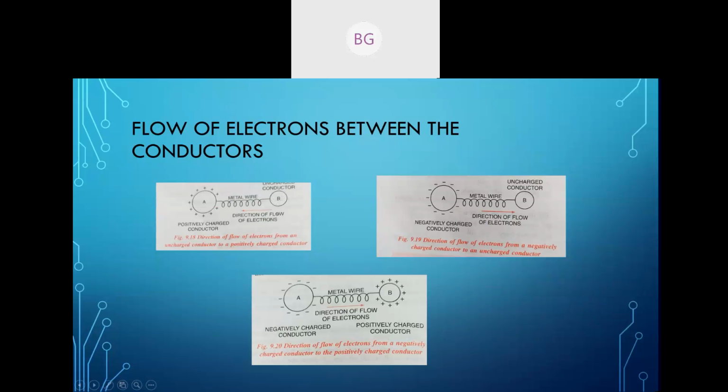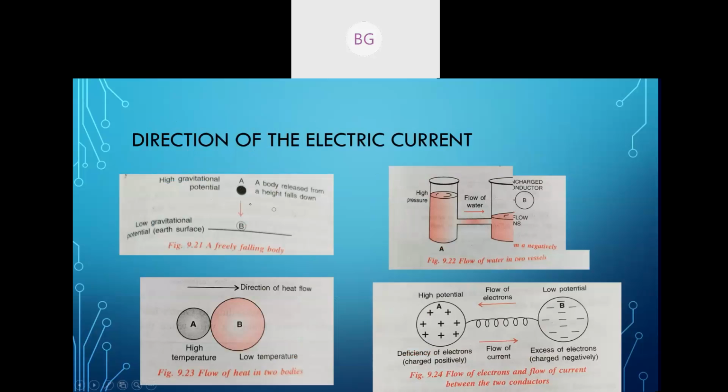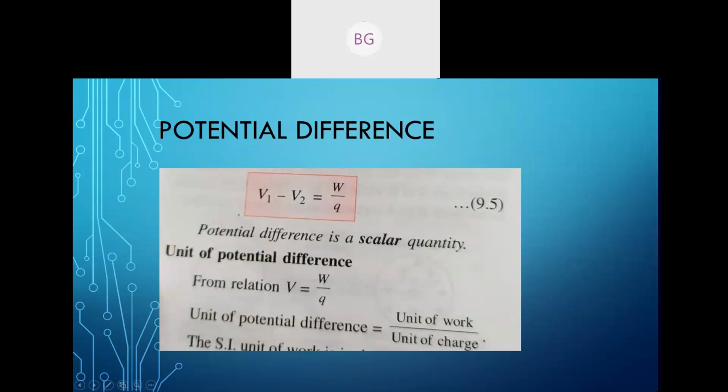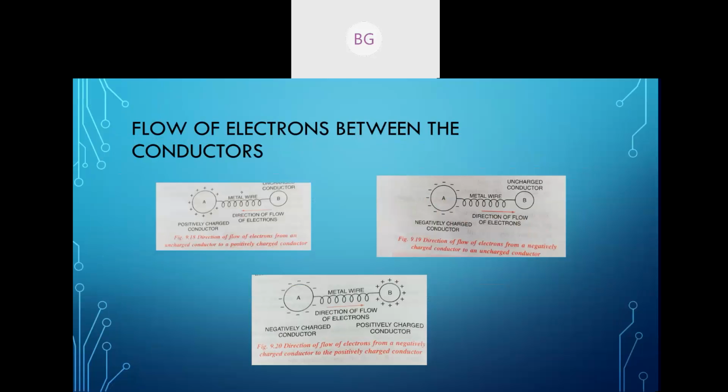So if I compare both the conductors, the electrons in the uncharged body will get attracted towards the positive charge, that is protons.